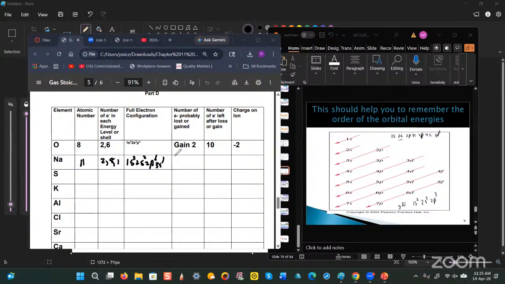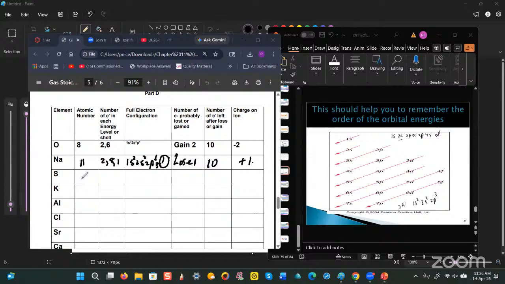Nope, it's going to lose 1. It's going to lose this one right here. So what will be the number of electrons left after the loss? 10. So what will be the charge? Plus 1. It loses an electron. Yeah. All right? Okay.